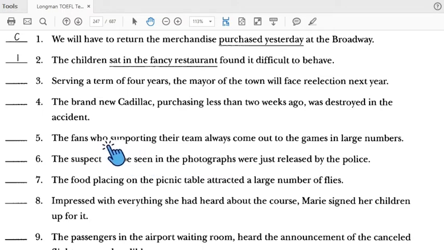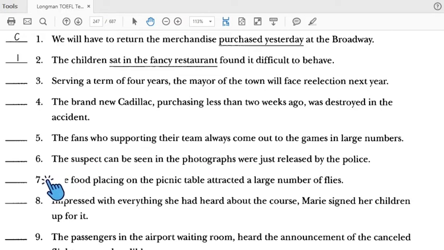But if we try to reduce, we have to reduce "who" together with "be", or "who" with a past form, so that we change this one to "supporting".